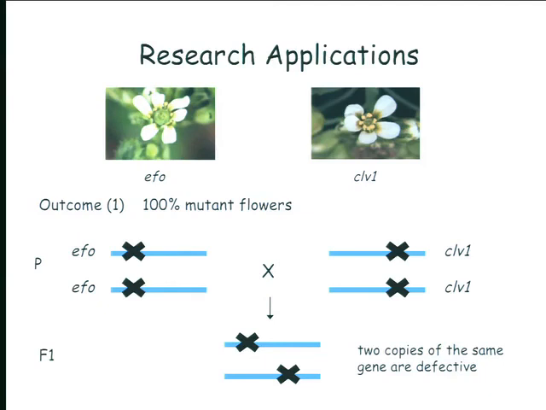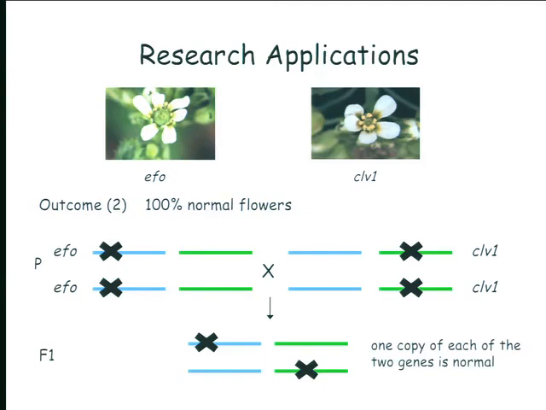But if you get 100% normal flowers, it's because there were two genes involved that both affect the same trait. In this case, you have gene 1, the blue gene, which is mutated in both EFO alleles. But you've got another gene, the clavata1 gene, in green, which is normal. In the clavata1 mutants, that clavata1 gene is knocked out, but the EFO gene is normal.